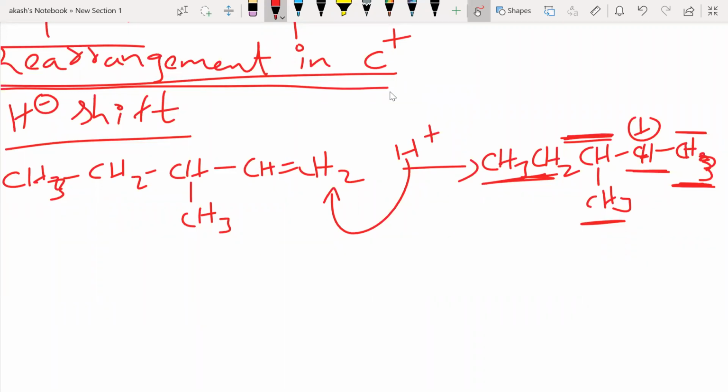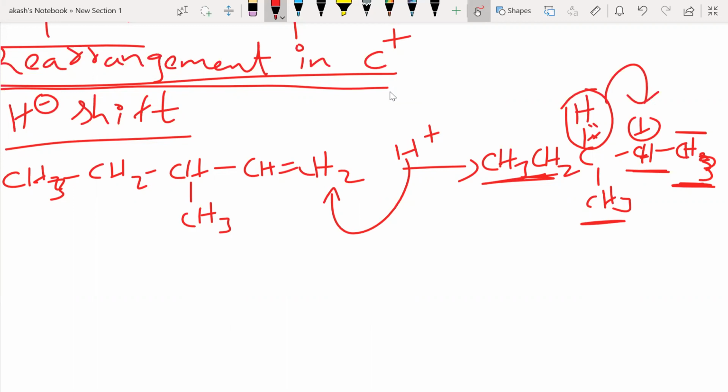We'll see what exactly happens, guys. It's pretty simple. Let me write the hydrogen like this. We're talking about hydride shift, so hydride means I'm going to have H minus. This hydrogen along with the bond pair, two electrons, goes and attacks this carbon atom.